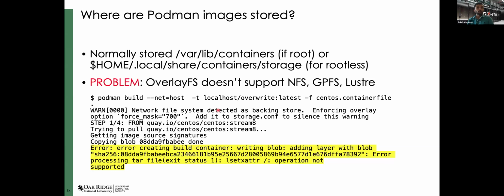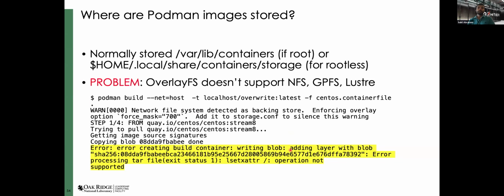And that comes to the topic of the storage location of your Podman images. In an HPC system, normally you have access to network file systems like NFS, GPFS, and Lustre, but you can't store Podman images on those file systems. If you try to set your backing store as a location in NFS, GPFS, or Lustre, and you try to build an image with Podman, you will run into an error that looks something like this.